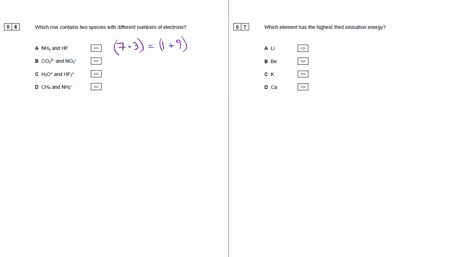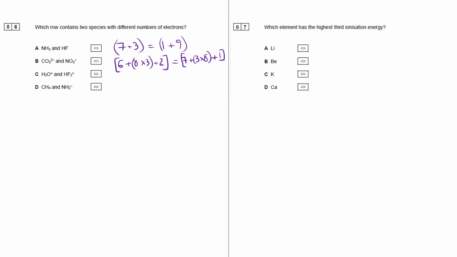For the carbonate ion, you've got 6 for carbon, 3 lots of oxygen, that's 24 plus 6, and then you've got 2 extra electrons. That'll be 32 electrons for carbonate. For nitrate, you have 7 for nitrogen, 3 lots of oxygen, so that's 24 plus 7, plus the extra 1 for the 1 minus charge, so that's 32 as well.